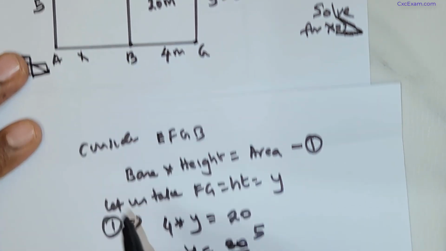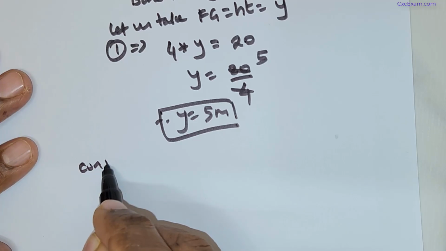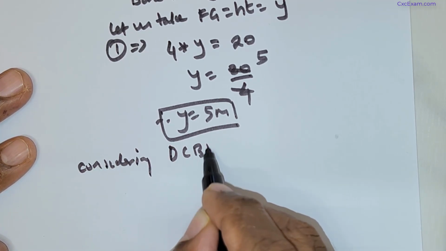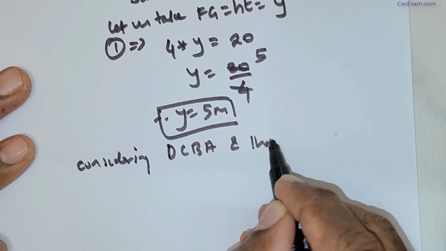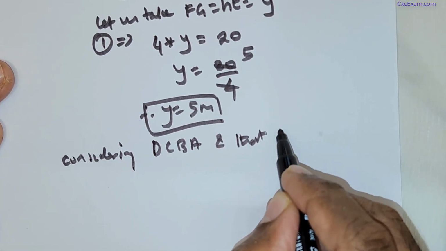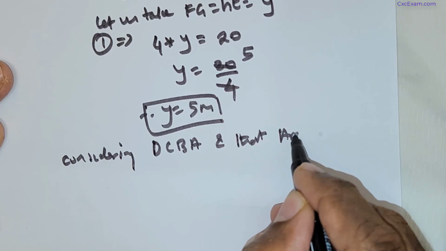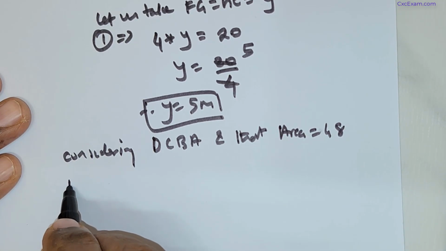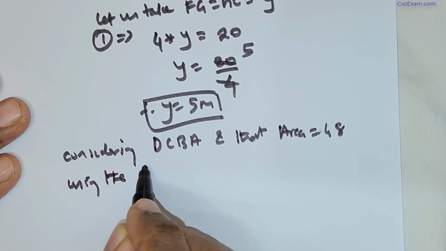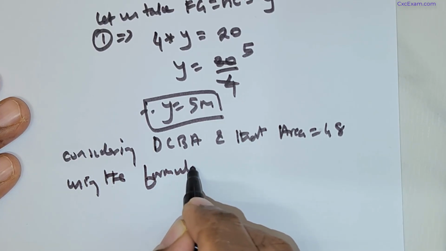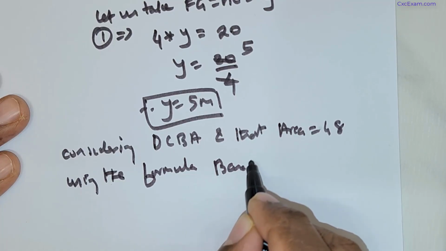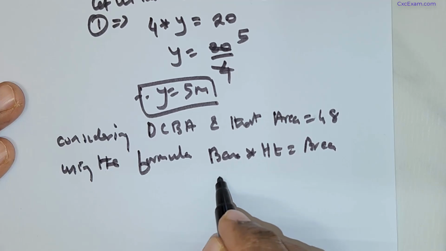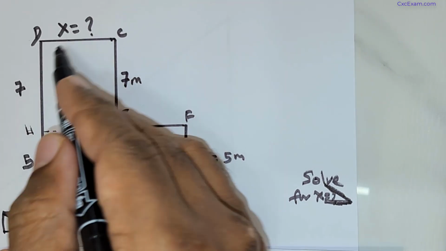So considering DCBA, and that area is given to be 48, using the formula base times height is equal to area. We are looking for the base, right?